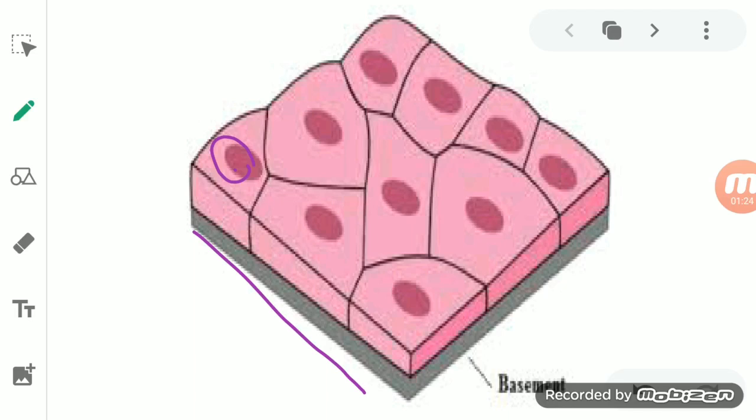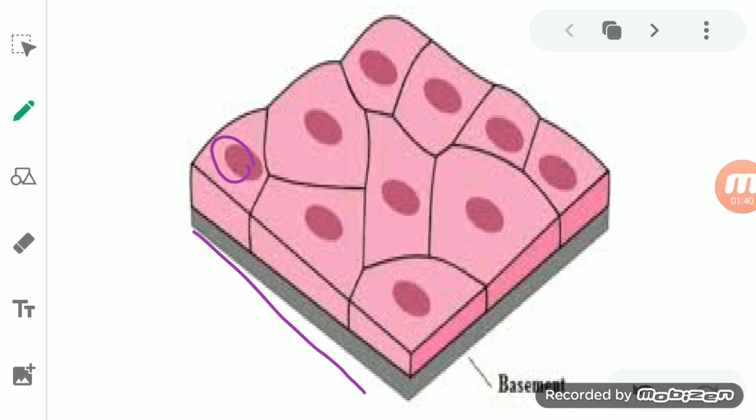These squamous epithelium consist of irregular shaped cells, and these cells are fitted together like floor tiles.